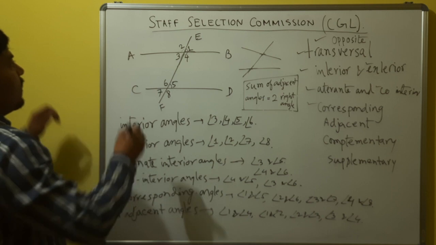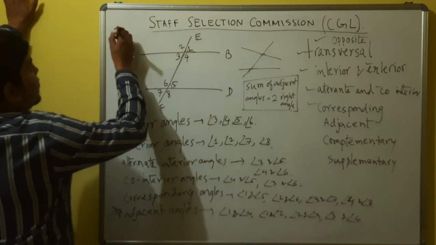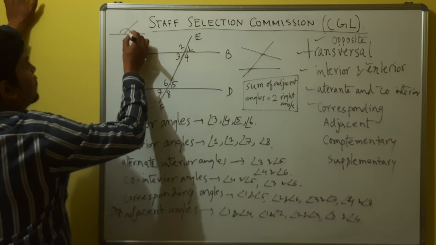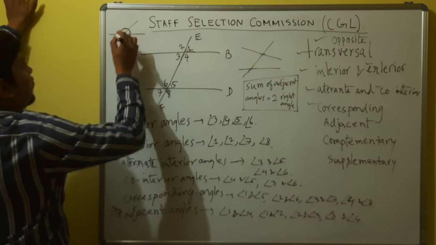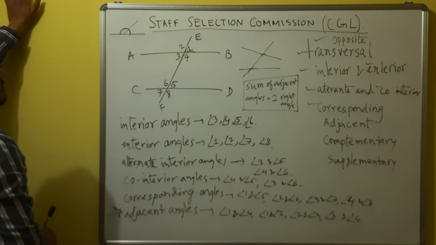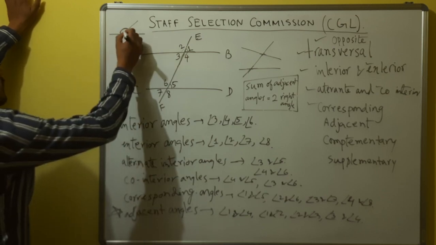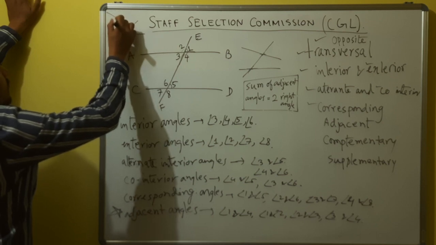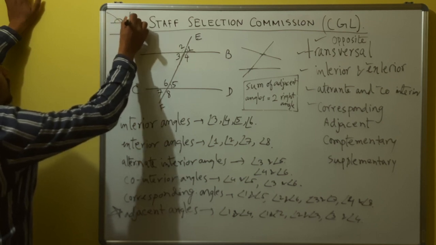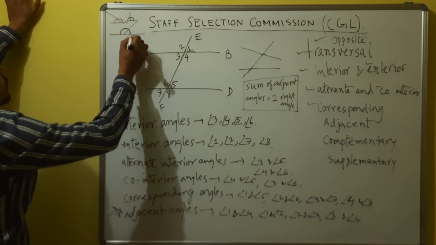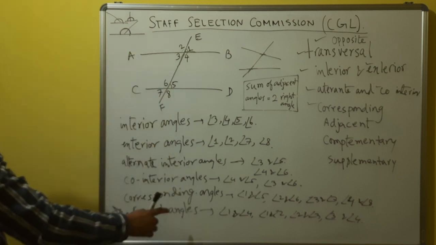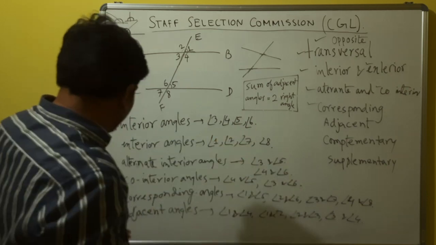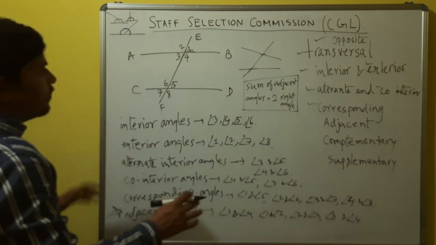Why? Because what is the definition of adjacent angles? One line and one common arm. But we already know this total is always two right angles, since it is on one line. At whatever point it may divide, the sum of these two is always two right angles. So it contains a special property.